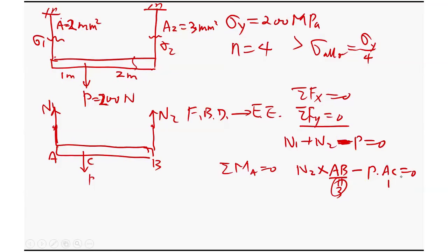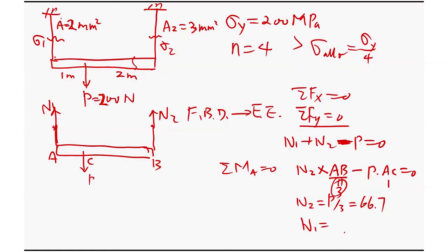Equals 0. So from here, can you find N2? Yeah. Okay, so you get N2. What's N2? N2 equals P over 3, right? So that's 200 divided by 3. What's the number? 66.7, right?